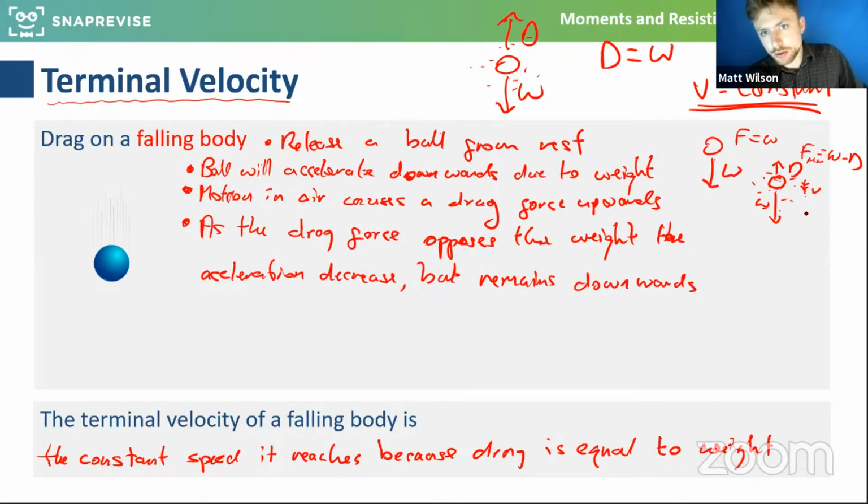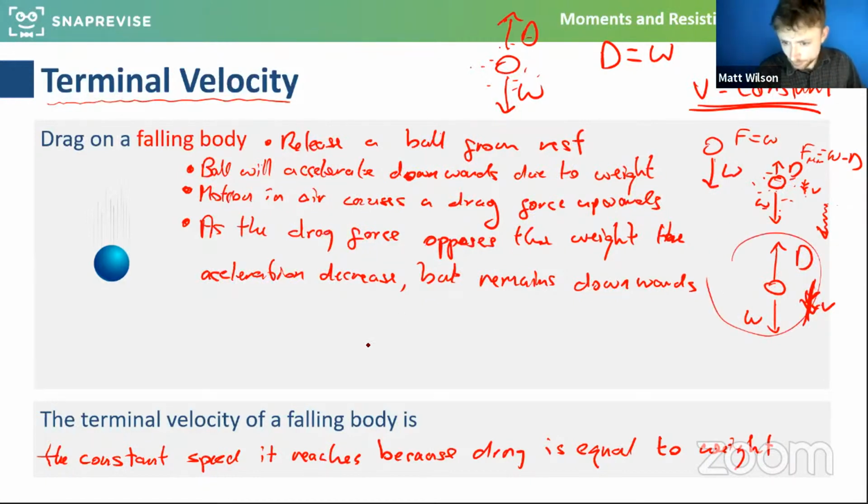So let's look at this. Maybe we have a smaller acceleration than we have before, but still the net acceleration is downwards. But here, what does that mean? Well, that means we're still going to continue speeding up in this direction. We're still going to get a bigger and bigger velocity in the downwards direction until eventually the velocity is so big that because drag increases with velocity, the drag can balance the weight.